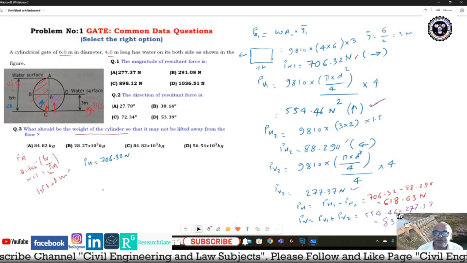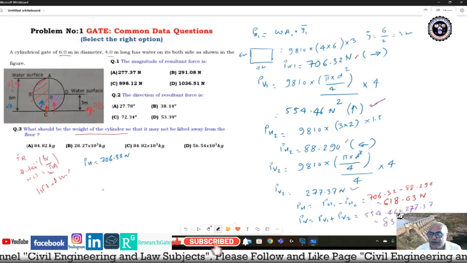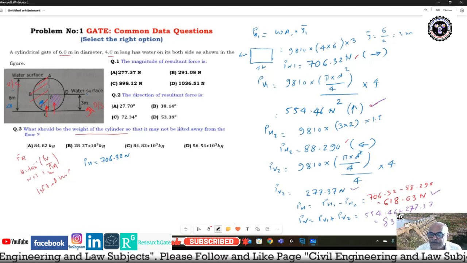Okay, so both the figures we got, pH and PV.